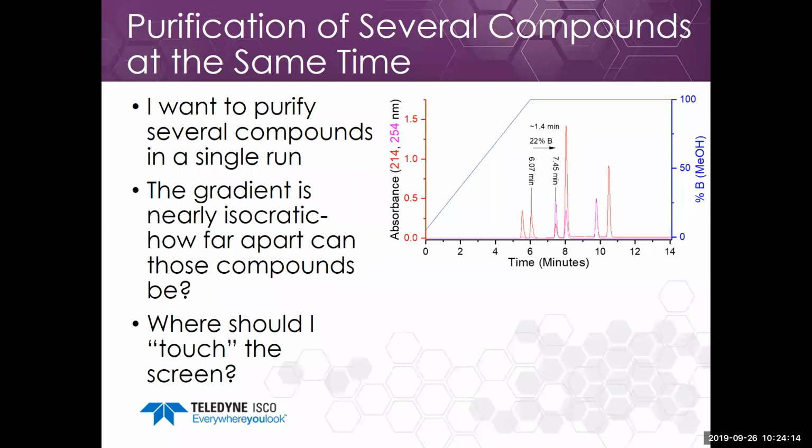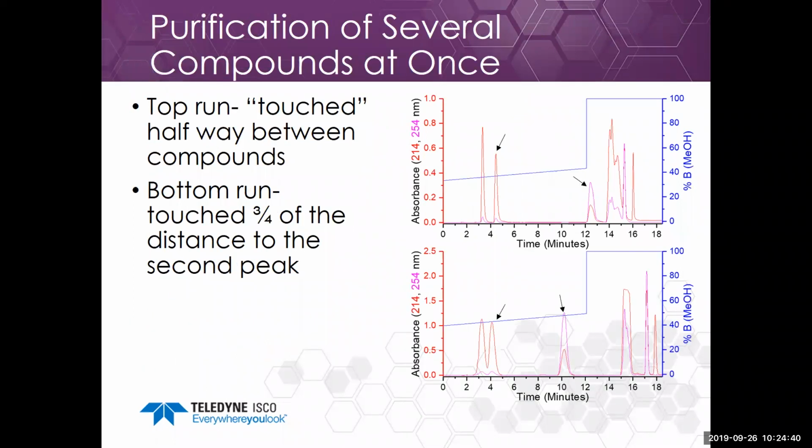So we have a scouting run using the time on target algorithm as implemented in PeakTrack. And I've determined that a range for the gradient is about 22% B. And using our default gradient, it's about 1.4 minutes separation between compounds, and we can run them on the same focused gradient. So purification of several compounds at once.